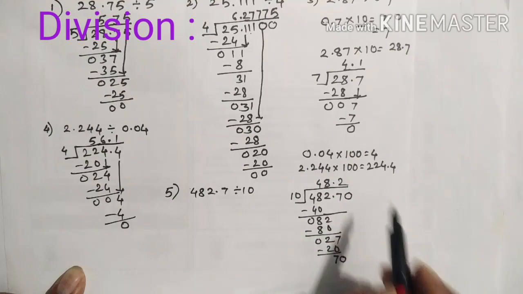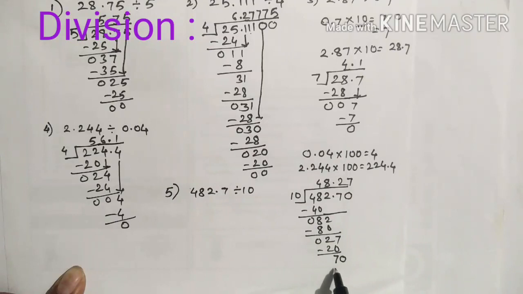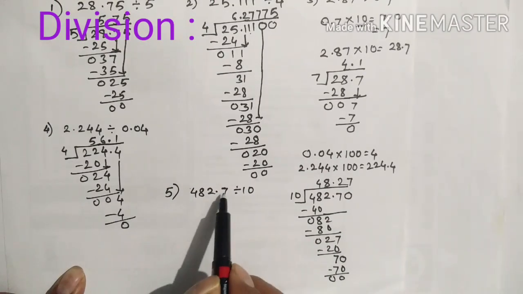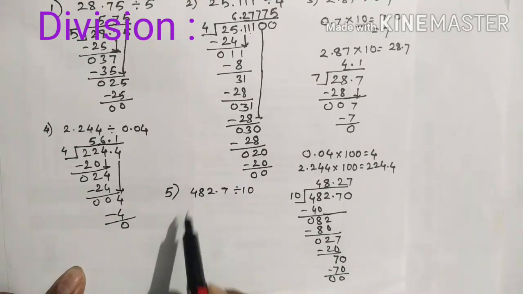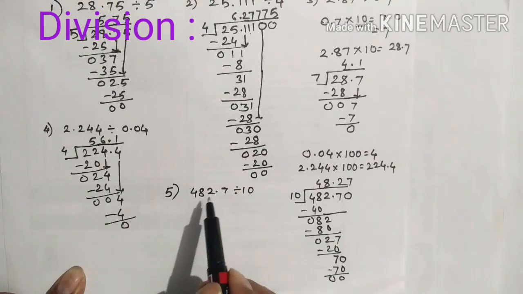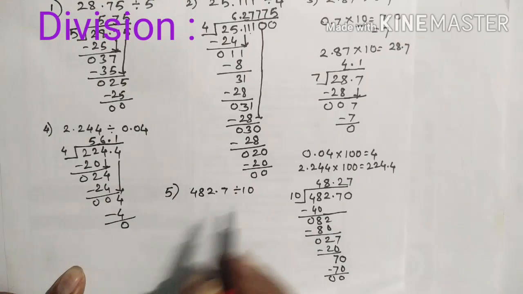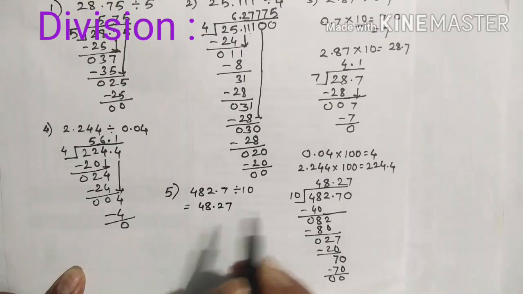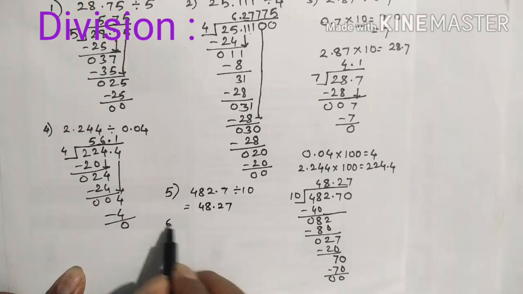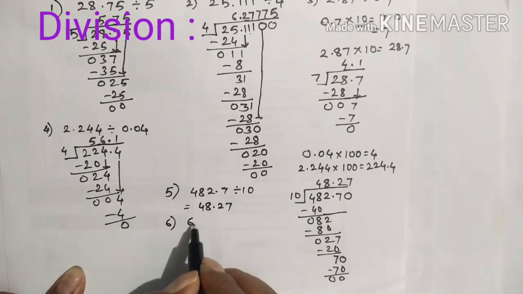Now it will become 70, and that is 10 7s are 70. So directly we can use it: 10 has one zero, so the decimal point will pass one place towards the left side, that is nothing but 48.27, like this.